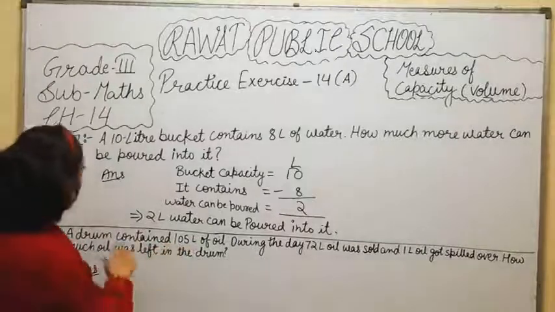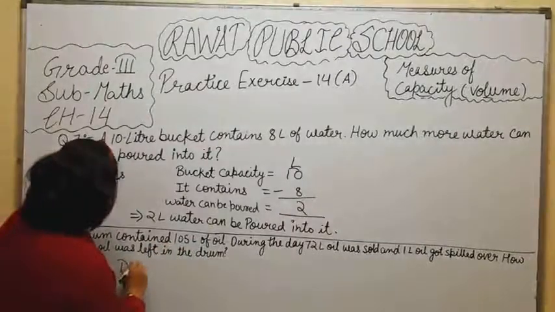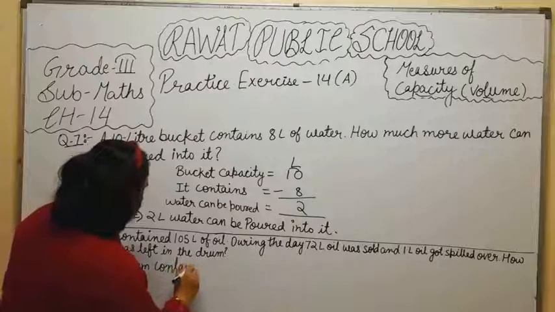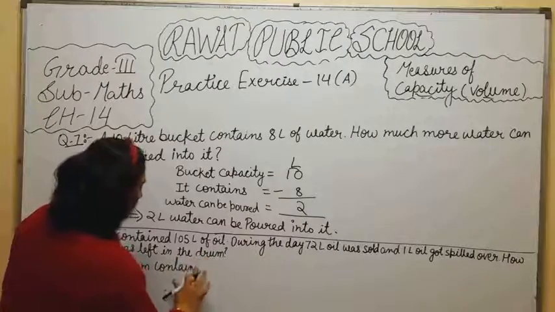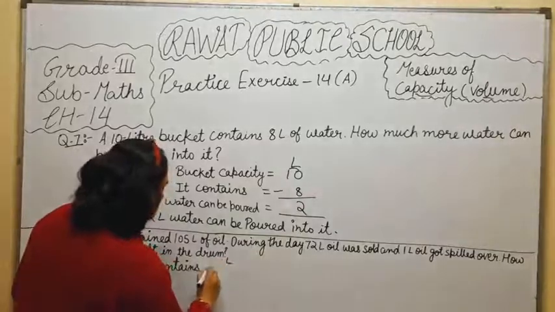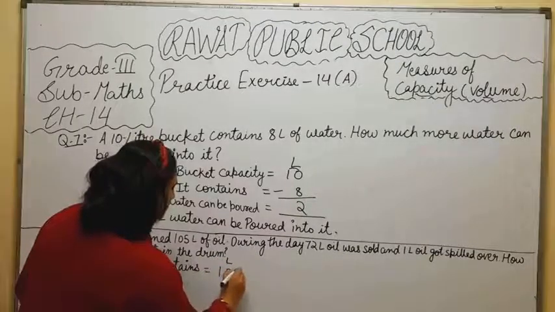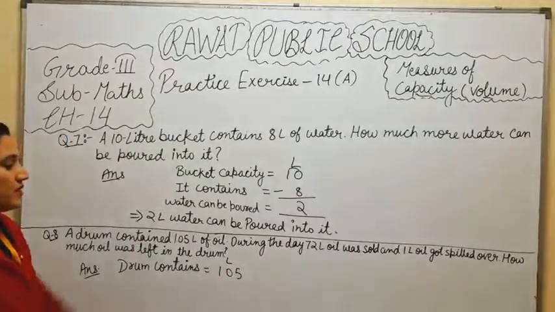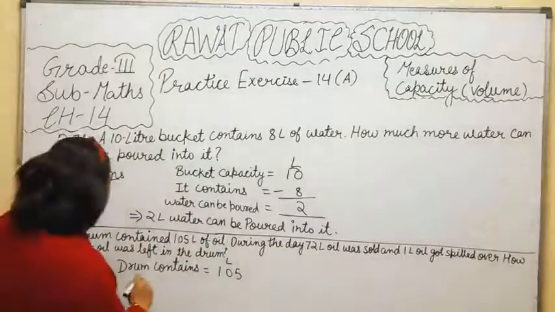So what we have to do? Drum contains how much? We'll write L on the top, is equal to 105, and 72 liters is oil used during a day.